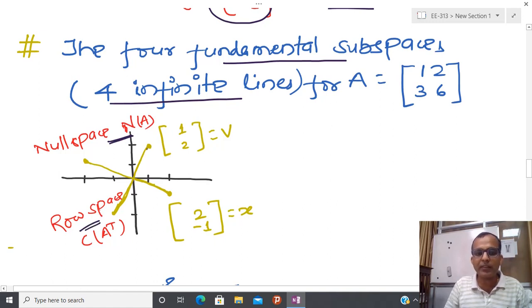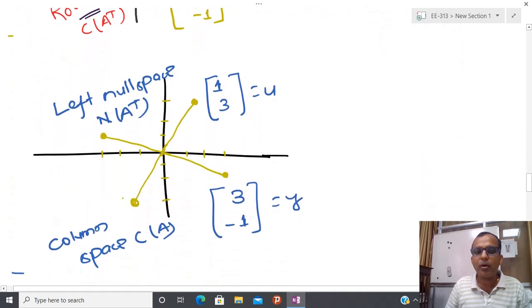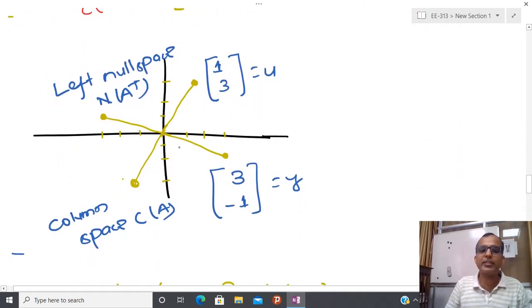So in this way you can draw this line and this line, and similarly for the left null space and column space you can see these 2 lines come into the picture. And why have I drawn this line? Because 1 3 and x and y you can take, then obviously this line comes into the picture, and after that for the column space I am able to draw this line.